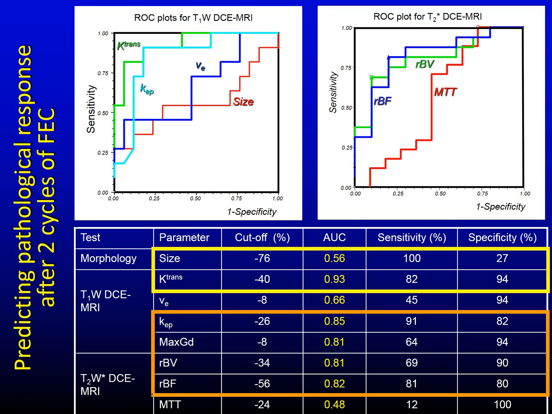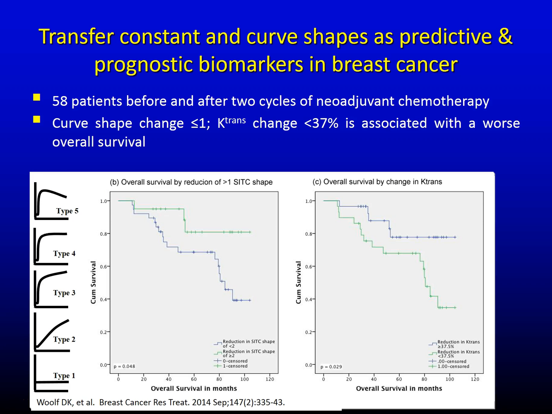So here is an example of using quantitative variables to predict pathological response in neoadjuvant chemotherapy.